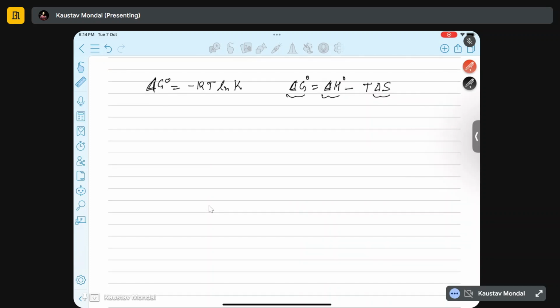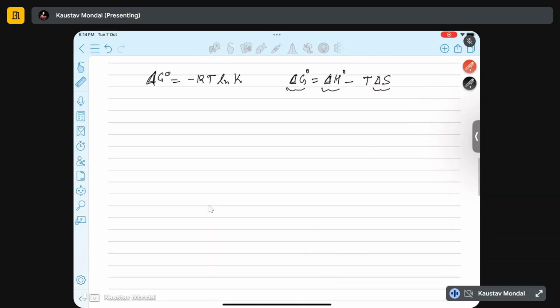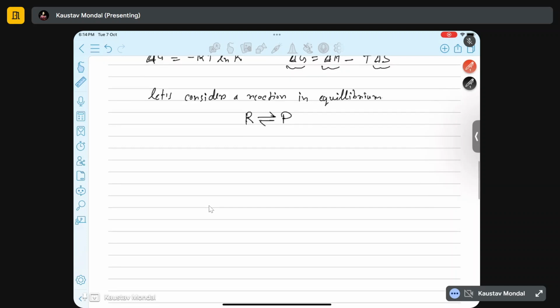So let's suppose there is a reaction going on. Let's consider a reaction in equilibrium which looks like this: R is in equilibrium with pre. R is the reactants and pre is the product.